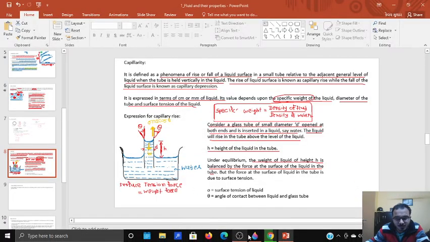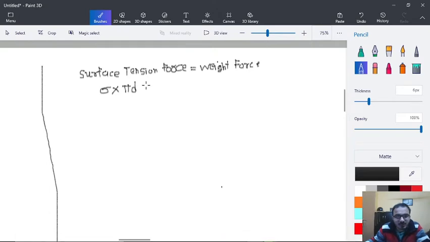So here if we go back, then we need to add cos theta, and regarding the weight force, it will be m into g. That is our standard formula, but here instead of mass we can write rho into volume into g.